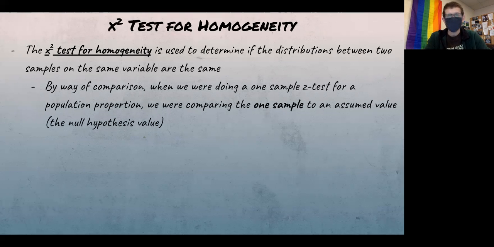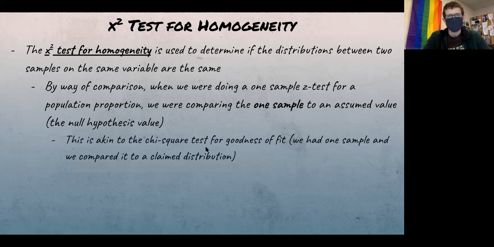You do a sample, you compare your proportion to that claimed value. That was similar to the chi-square test for goodness of fit, because you're already given a distribution and you're comparing one sample to that distribution. If you're following this analogy, hopefully that's clear enough.